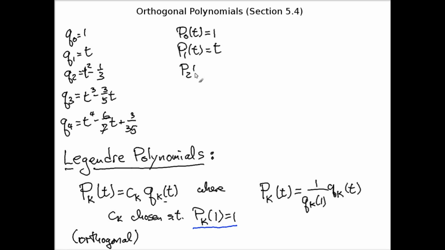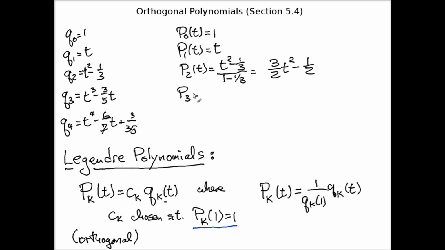And what is p2 of t? Well, it's t squared minus 1/3 over 1 minus 1/3, which is to say t squared minus 1/3 over 2/3, which is to say 3/2 t squared minus 1/2.